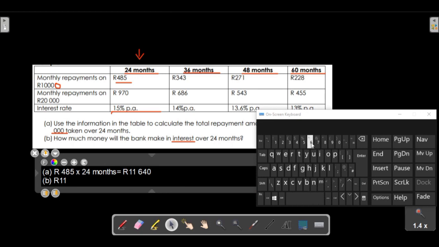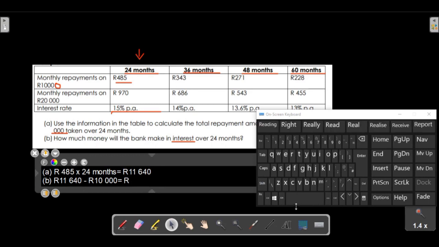So 11,640, and we'll just subtract the loan amount, or rather the amount that he borrowed, which is 10,000. I really like to confuse the loan amount and the amount that is borrowed. That can be confusing sometimes.